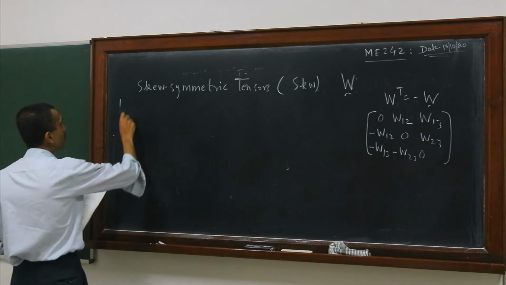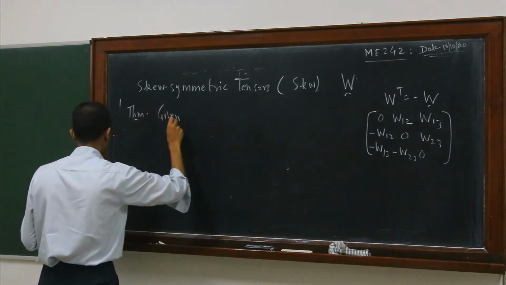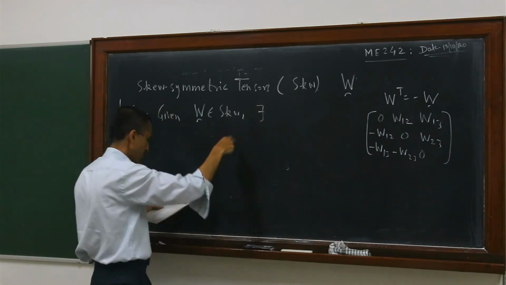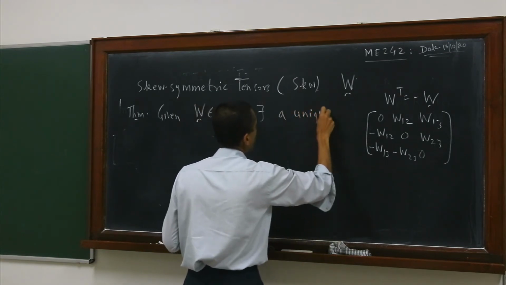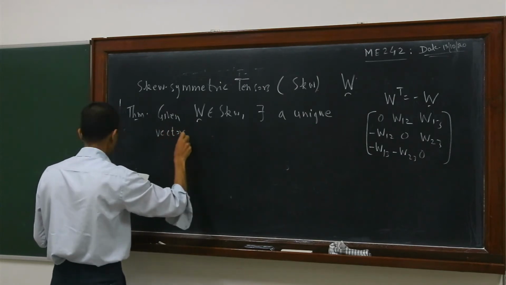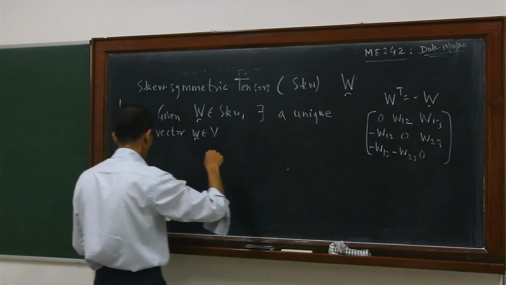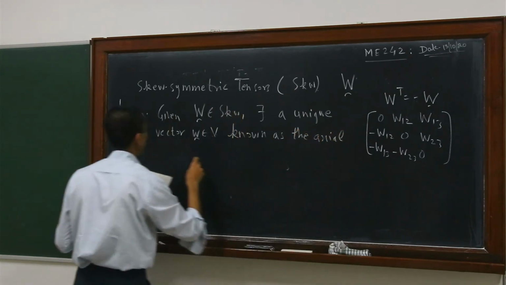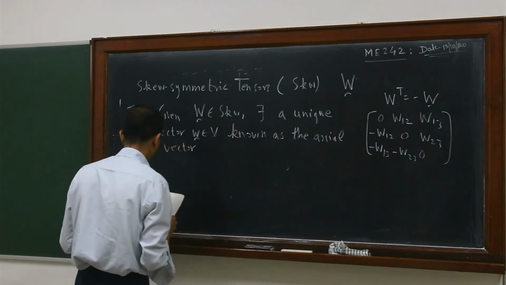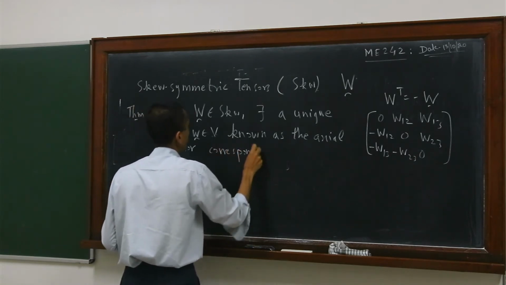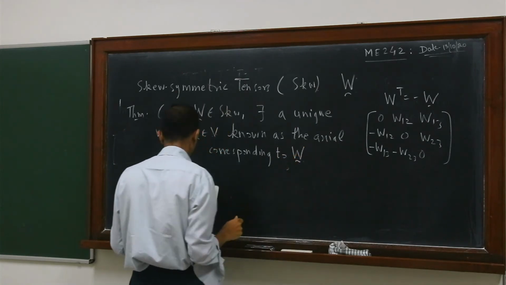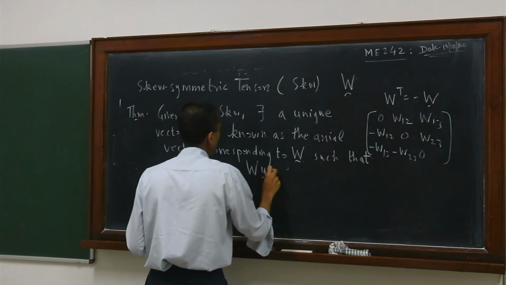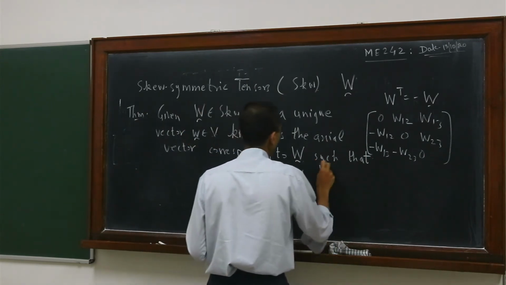Theorem: given W belonging to Skw, there exists a unique vector w belonging to V, known as the axial vector corresponding to W, such that Wu is equal to w cross u for all u belonging to V.